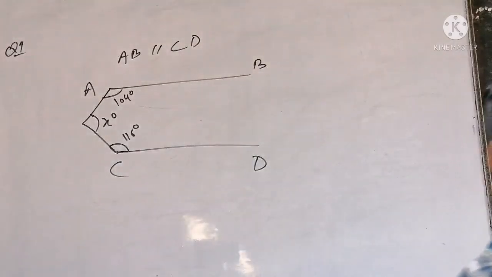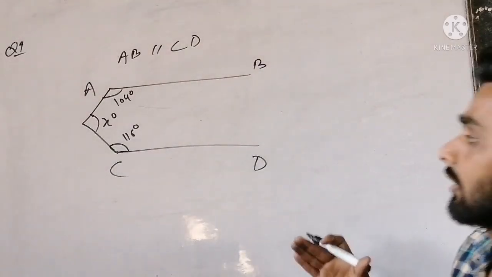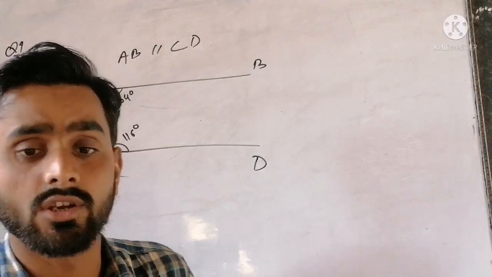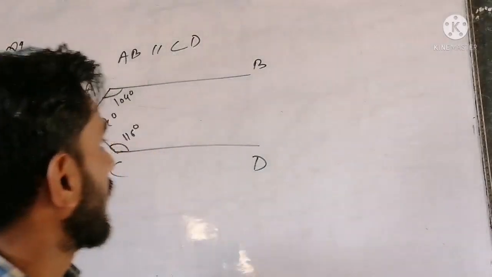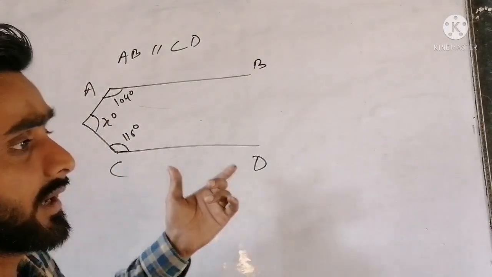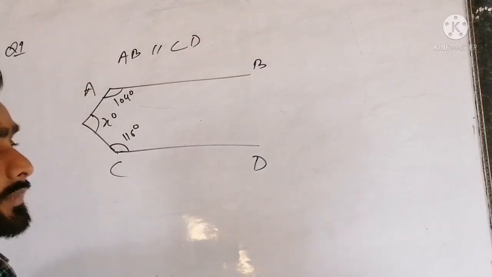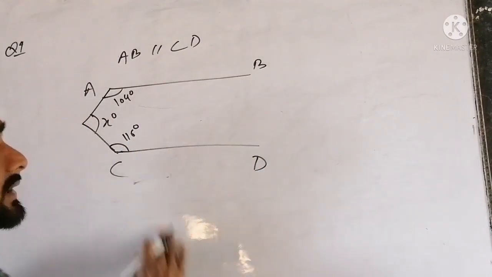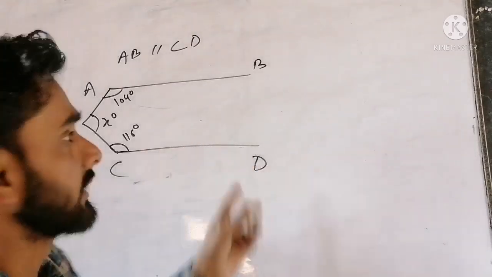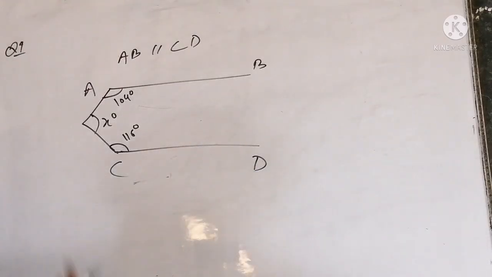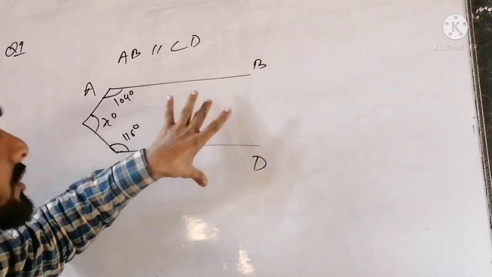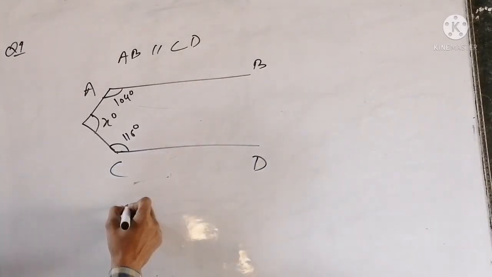I have told you about the long concept which is written in your final exam. Now I will tell you the tricky concept for these questions. If you have this type of question, what will you do here?